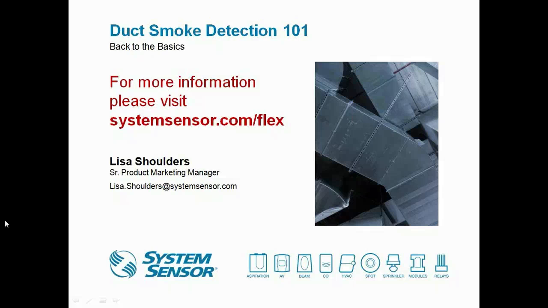Next question, can I install a duct smoke detector on the bottom of ductwork? You can. There are no code restrictions that would prevent you from installing a duct smoke detector on the bottom of the duct. But I would say you would only want to do something like that as an absolute last resort.